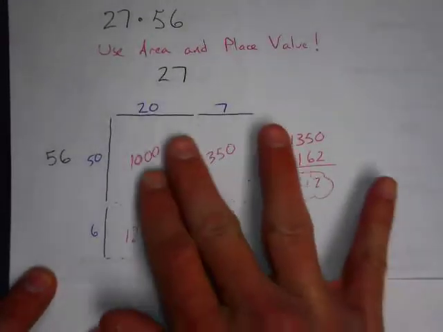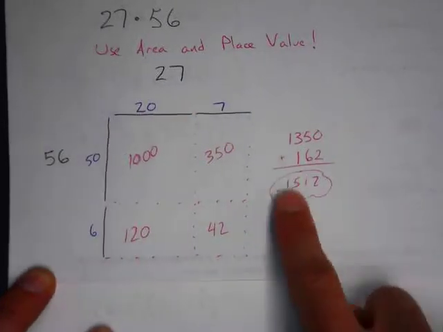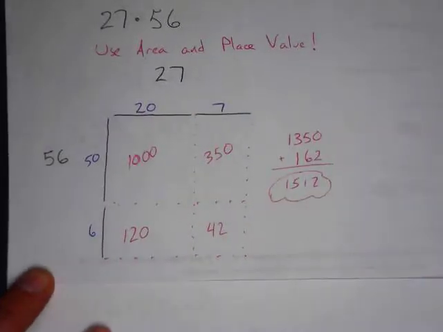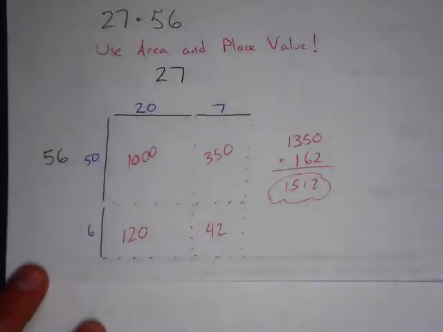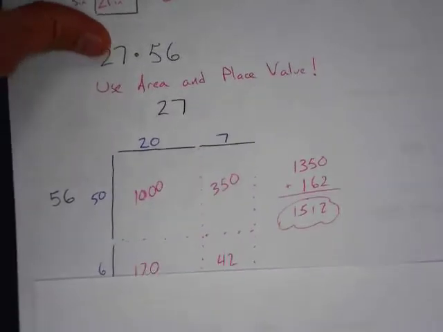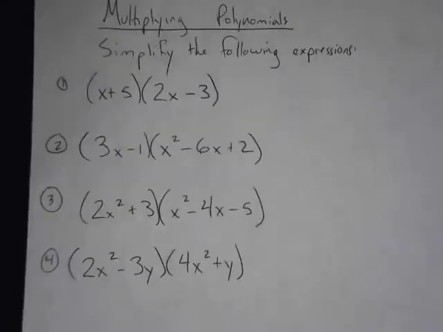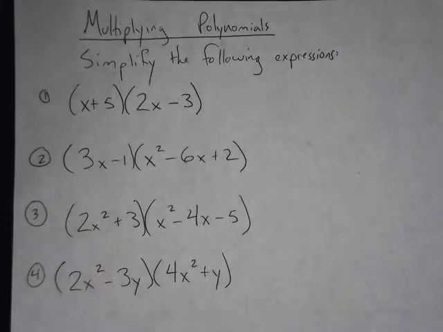So the area of the larger picture at hand, 27 times 56, is all of those areas combined, or 1512. And so we can use that model with area and place value to apply it to anything with multiplication.